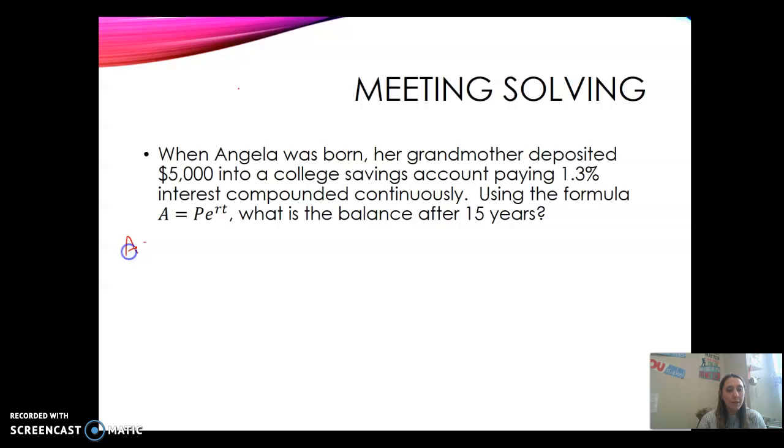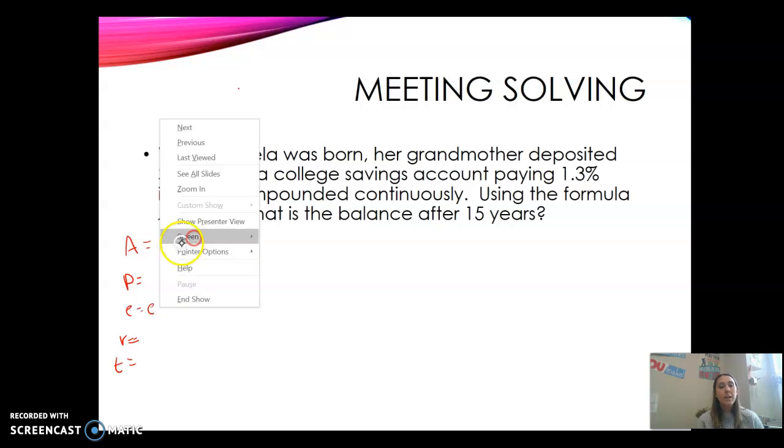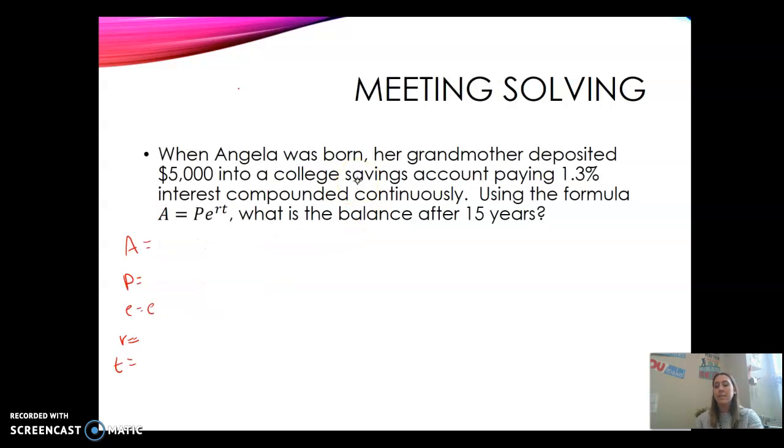So I'm going to plug in the A, the P, the E equals E, R, and then T. The problem says her grandmother deposited $5,000 when she was born. I know that this is my starting amount. And then it says her rate will be 1.3%.